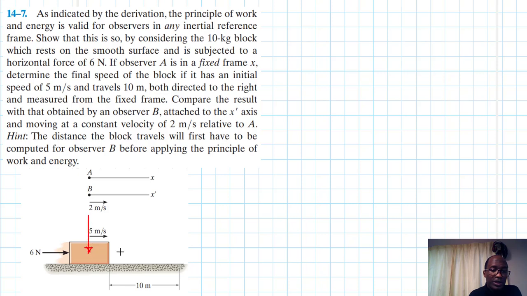We have the weight and we have the normal force. Any friction? No friction. The surface is what? Smooth, therefore no friction. Great. So this is our weight, which is just mg, and this is the normal force.